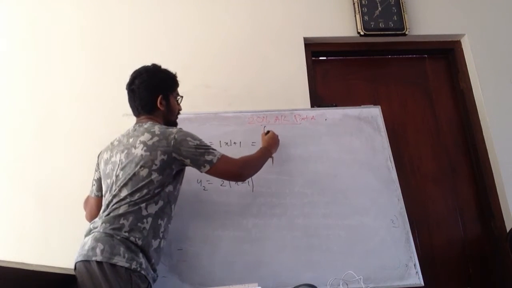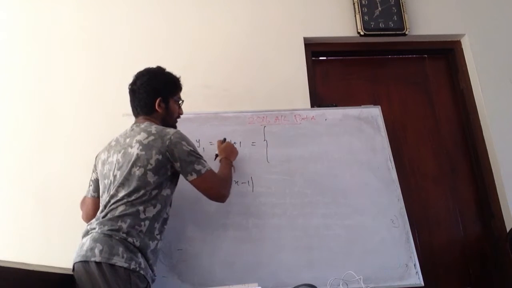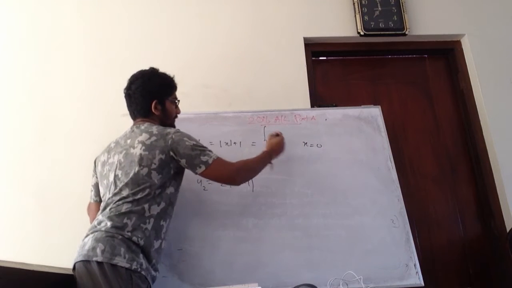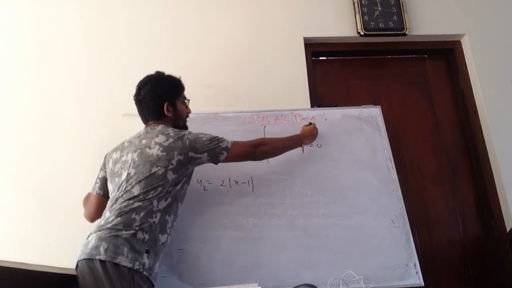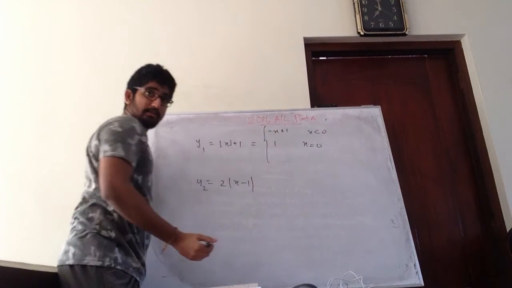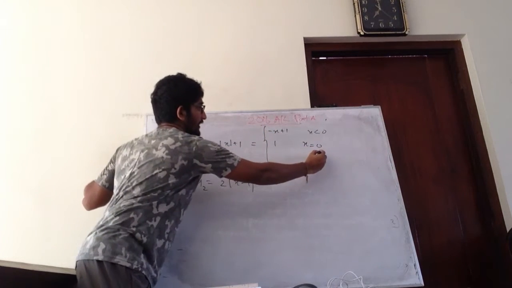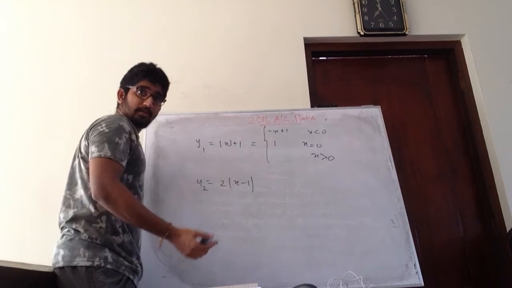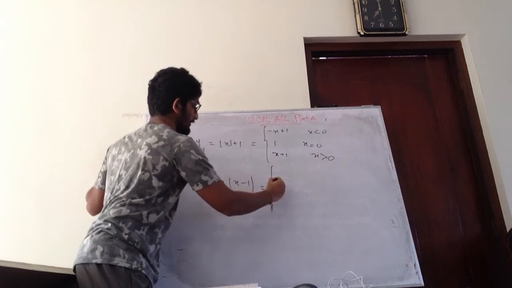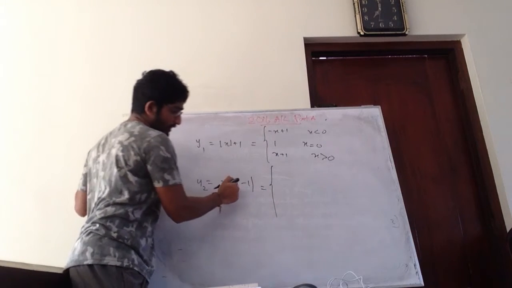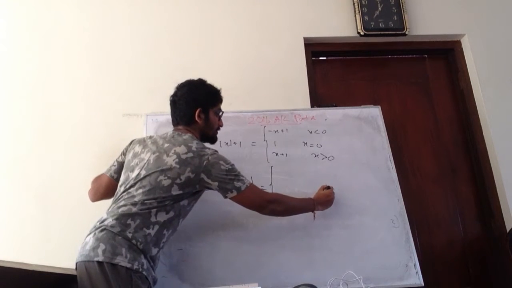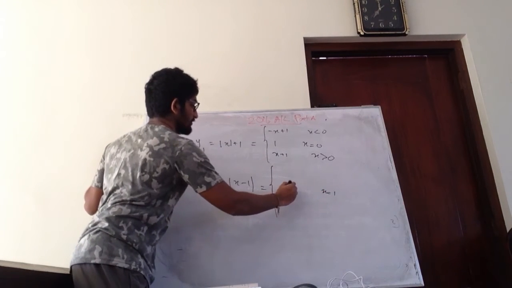So how to draw this modulus graph? So modulus of x, so x will be 0 here. That means this is going to be 1. When x is less than 0, this is going to be minus x plus 1. Correct, no? Then when x is greater than 0, it's going to be the positive form. Yet again here, when x equals 1 only, this becomes 0. So we put the x equals 1 point here, since this is 0.